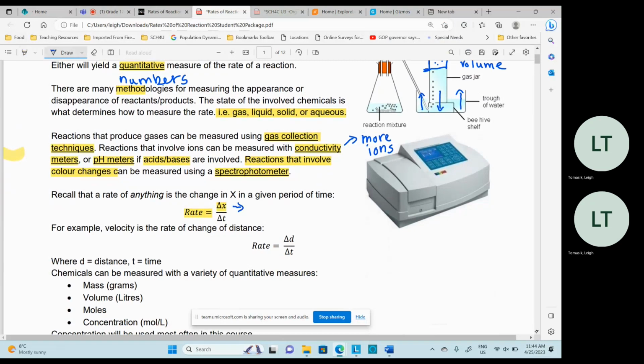So delta X means the change in the amount. The amount is changing, and it's over delta T. Delta T means the change in time. So as time goes on, whatever you're measuring changes.